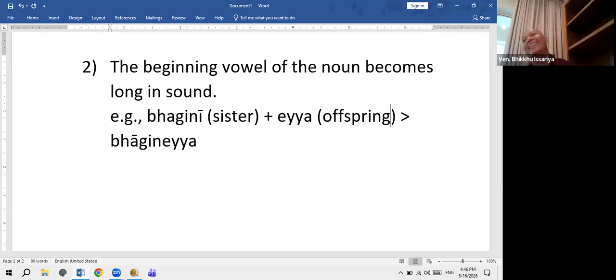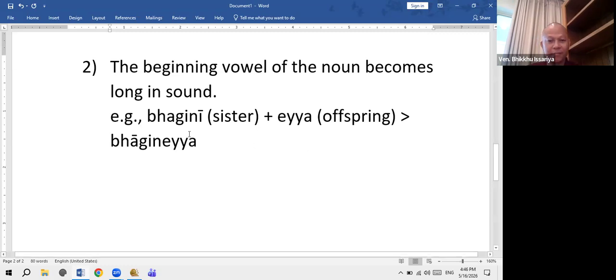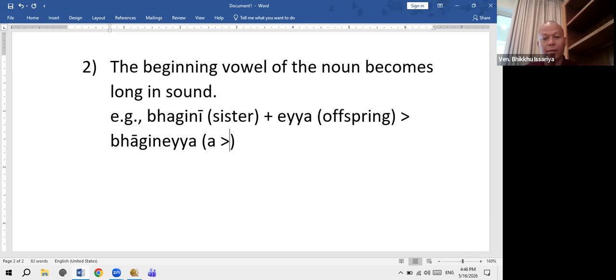Right, offspring. So what happened here? The vowel becomes long, you see?